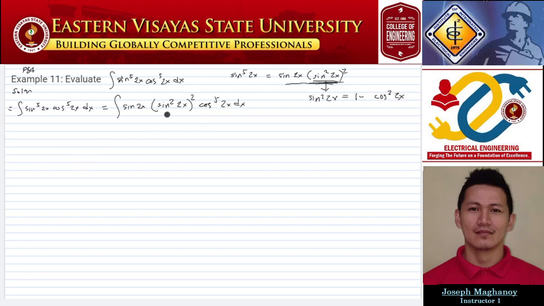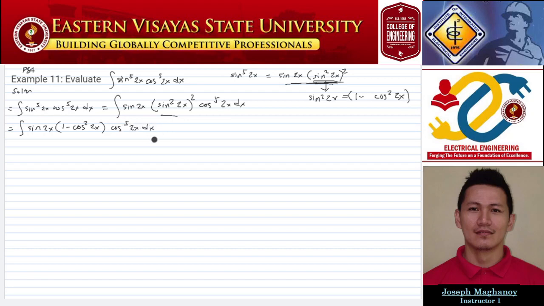So we replace this quantity with our identity: sine 2x quantity 1 minus cosine squared 2x squared, then the remaining cosine raised to 5 of 2x dx.